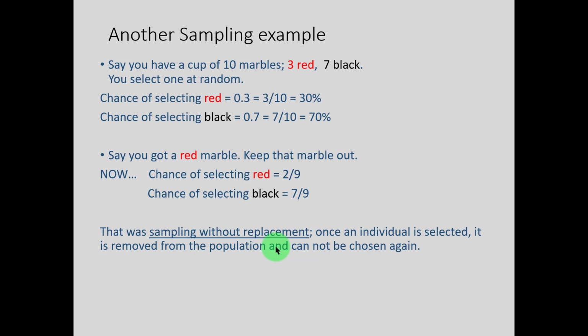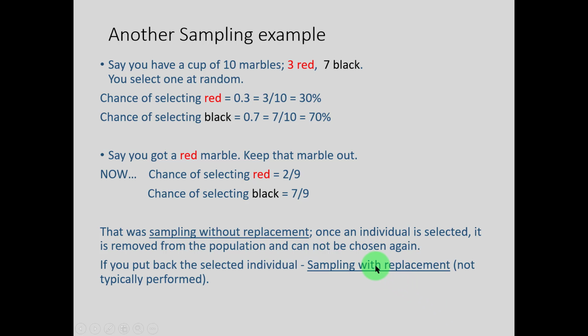So that's the classic sampling protocol. But of course, there is a name if that is not used, sampling with replacement. That's when, if you took that red marble and you put it back in the cup, that's not typically used, but we've got a name for that.